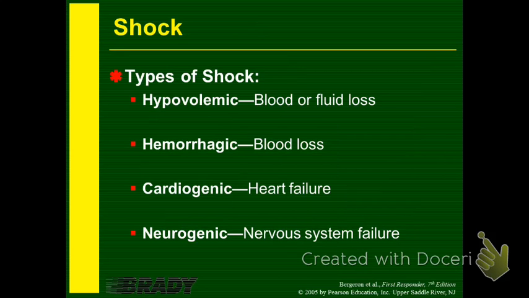Cardiogenic shock, that's heart failure. That's when the muscle itself fails. This is usually lethal. It has a very high mortality rate because the heart just gives out. It doesn't have any muscle to pump. Neurogenic shock, we'll talk about that more when we get into spinal cord injuries.